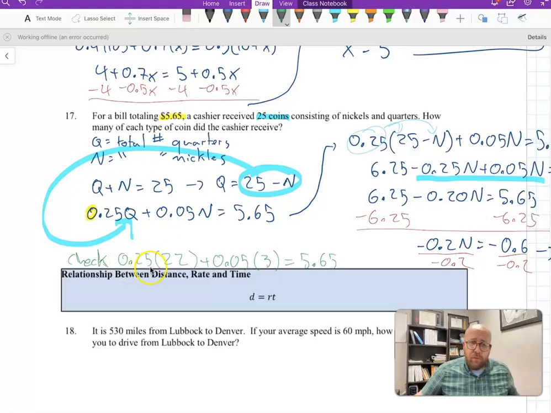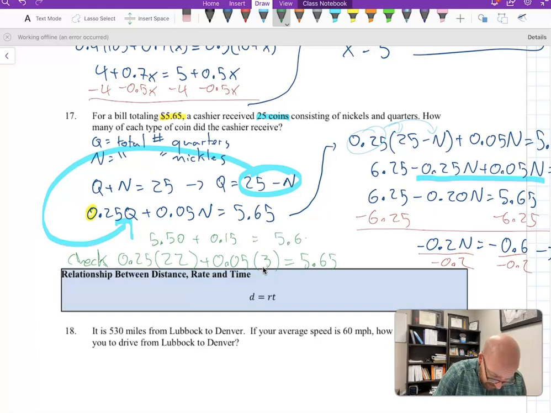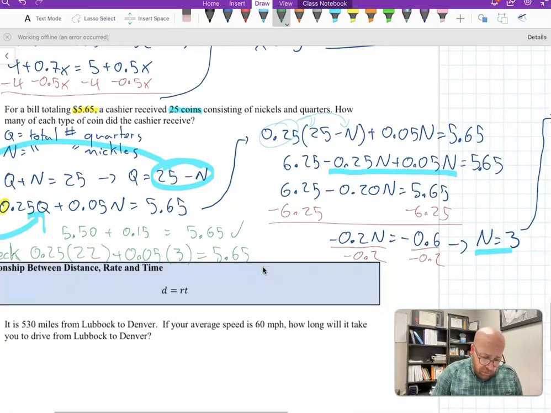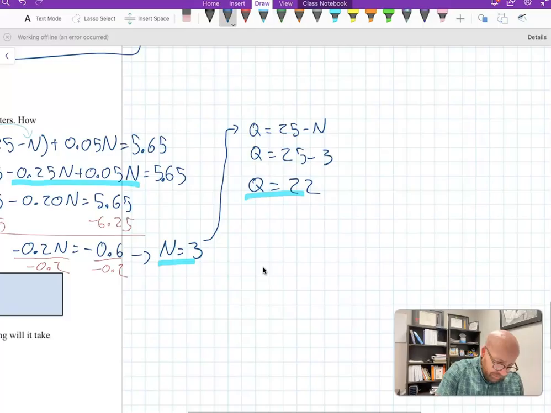Okay, 0.25 times 22 is going to be $5.50. 5 cents times 3 is going to be 15 cents. And that totals $5.65. Checks out.